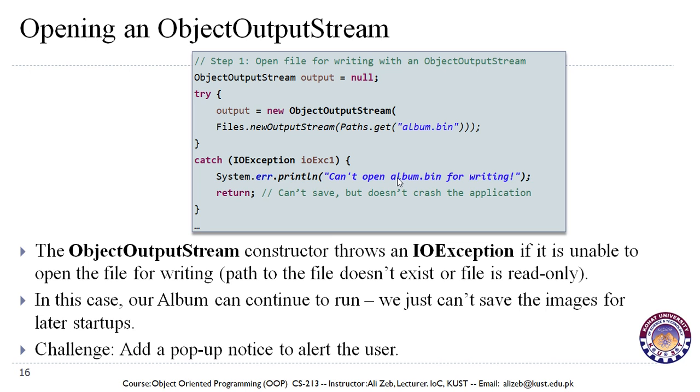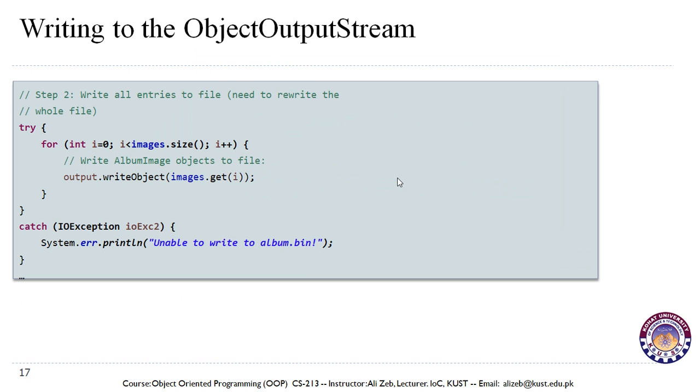You can add a pop-up notice, for example, maybe add a dialog box that displays this message if the file is not found. Writing to the object output stream, we write all entries to a file and need to rewrite the whole file.